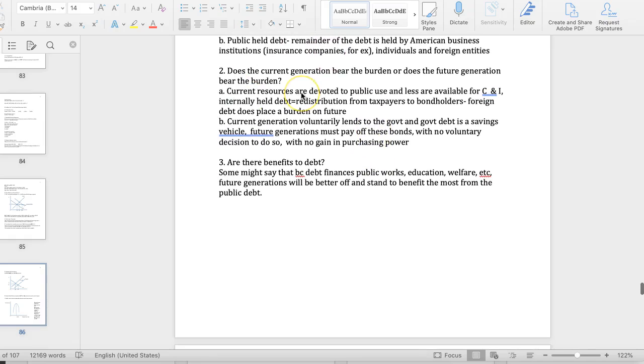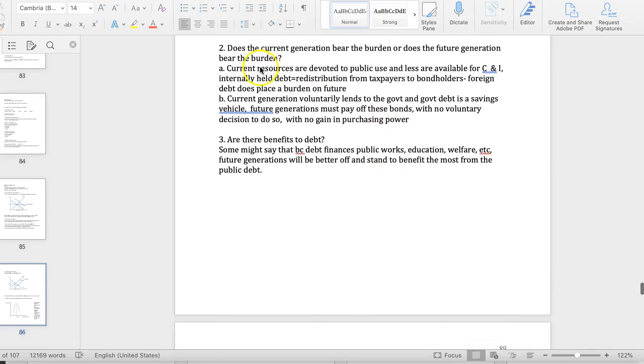So does the current generation bear the burden, or does the future generation bear the burden? If current resources are devoted to public use and those resources are not available for consumer spending and business spending, then that is a redistribution from the taxpayers to bondholders. So foreign debt places a burden on future generations, which is you guys.